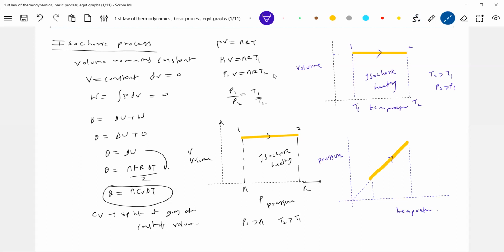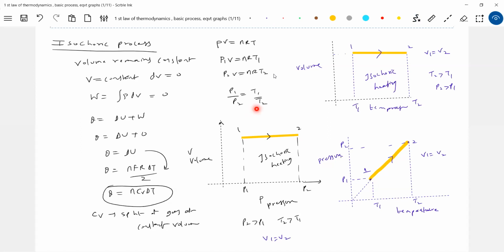Now, can you say anything about P1, P2, T1, T2? What will happen to the volume of the gas? V1 equals V2. In all cases, volume is constant. Here in this case, we don't know anything about the volume. So look at this one: the PT graph, if it passes through the origin, it must be isochoric.